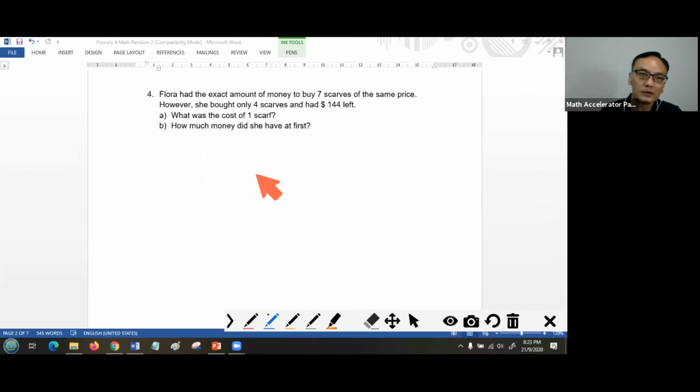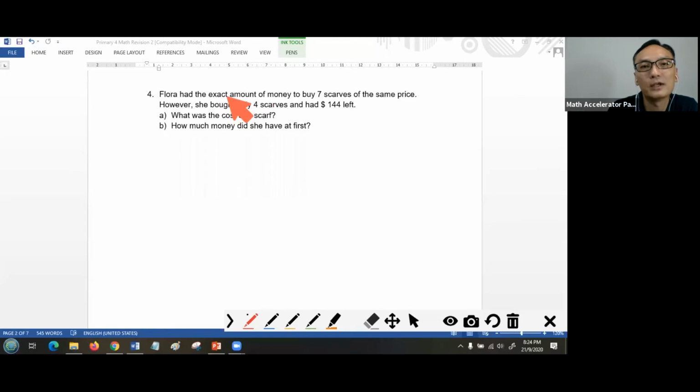So I'm going to read question 4. Flora had the exact amount of money to buy 7 scarves at the same price. However, she bought only 4 scarves and had $144 left. What was the cost of one scarf? So the keywords to this question are over here.